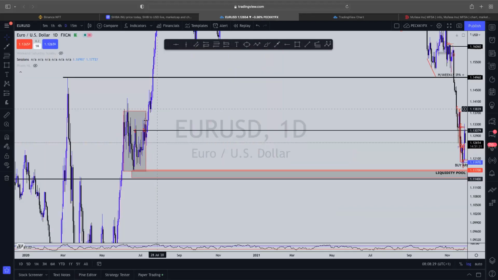First and foremost, on the daily chart we have this accumulation phase before the market broke out of here. Looking at this particular level, we're expecting price to come back.